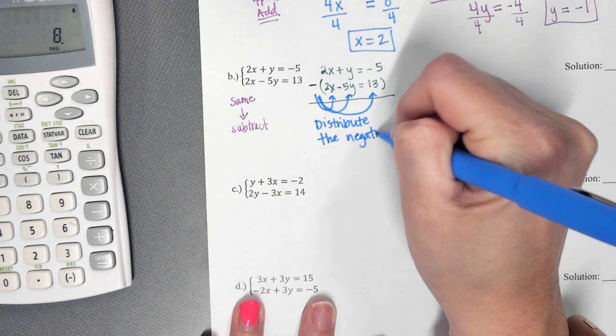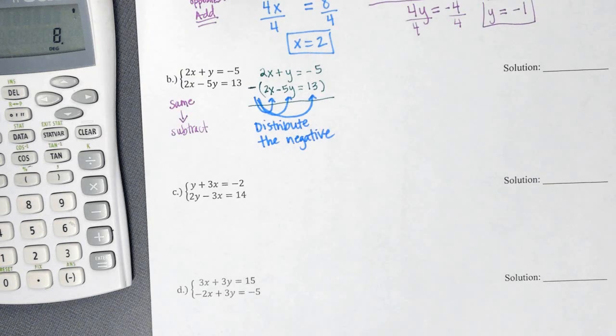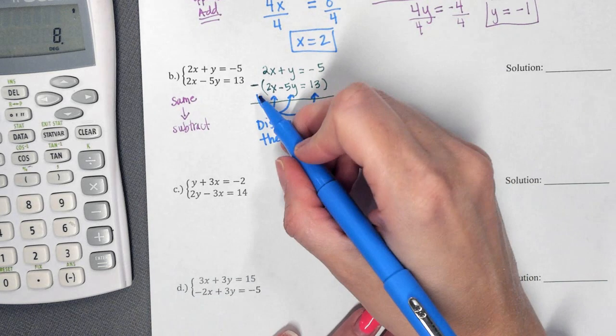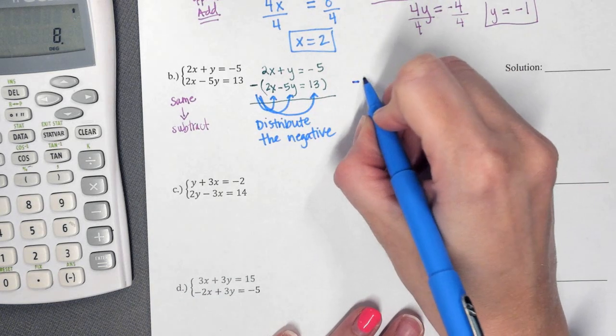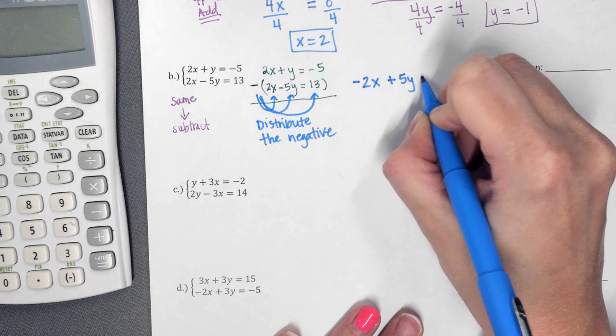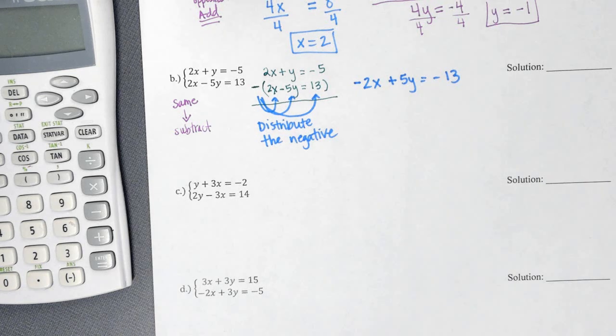Some of you might be really good at that and can do that part in your head, but since this is the first time we're doing it, I'm going to show you a quick way to do this, okay? So if I distribute the negative, this becomes minus 2x plus 5y and negative 13. So after you write that down, I just want you to notice what happened with all those.